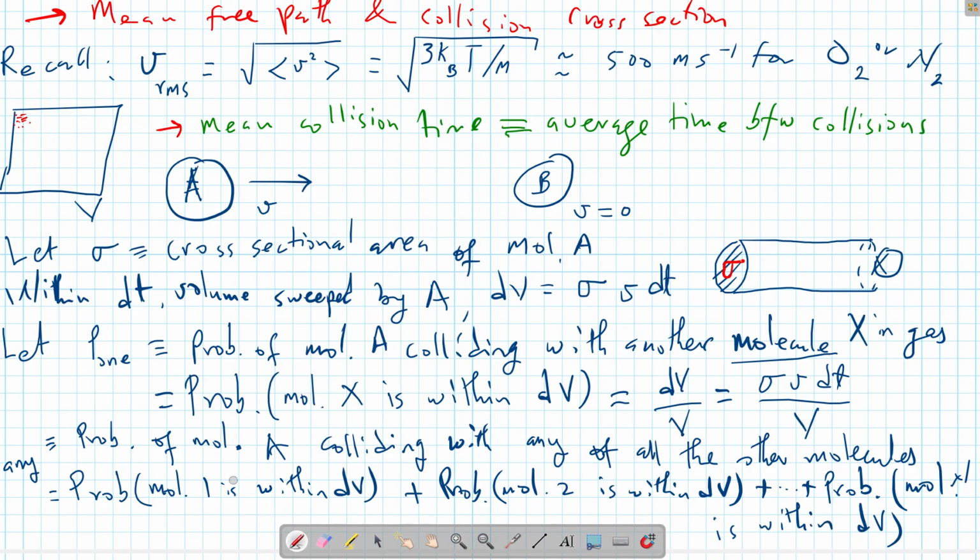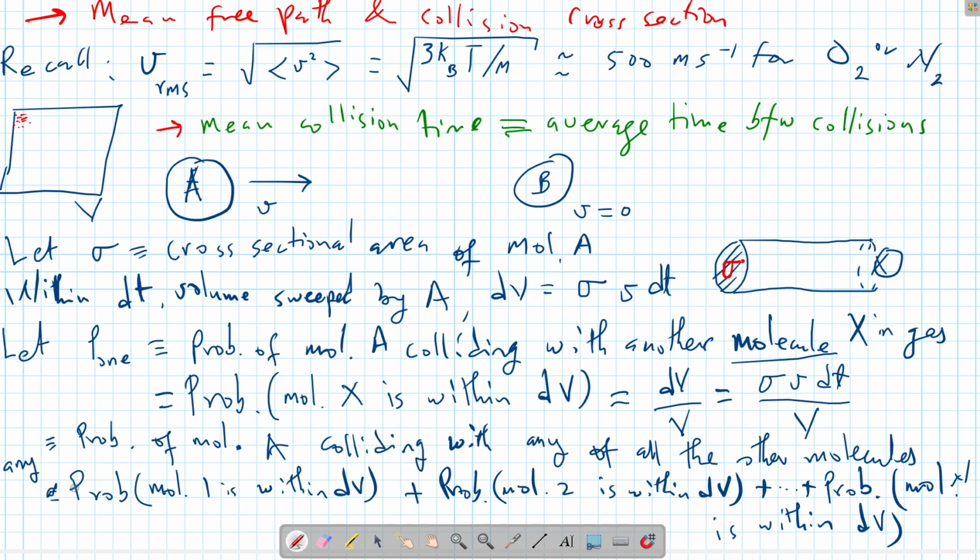Because it's going to be the probability of molecule A colliding with molecule 1, or molecule A colliding with molecule 2, or molecule A colliding with molecule 3, or all the way up to molecule A colliding with molecule N. Okay, and we know what these are. So this is actually an approximation.